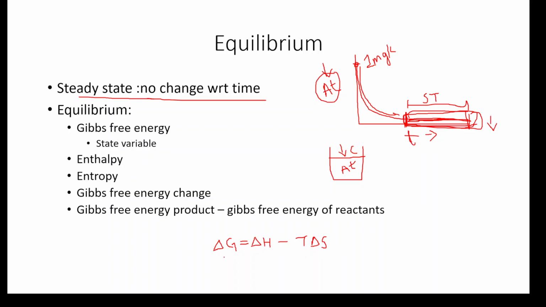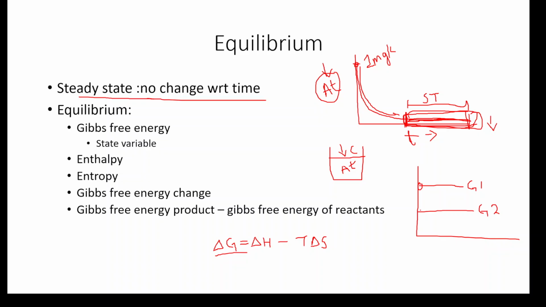Okay, and Gibbs free energy, we know, is a state variable. State variable means if the Gibbs free energy of some solution or some reaction was G1 here, and then the Gibbs free energy of the same reaction is G2, the Gibbs free energy depends upon these two points only.